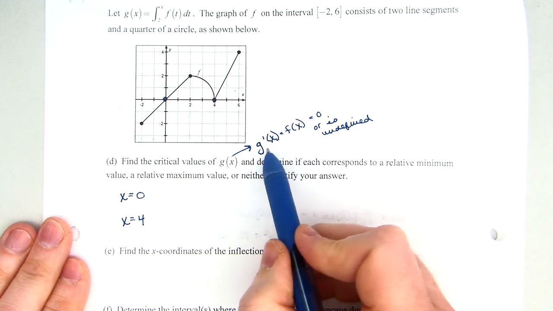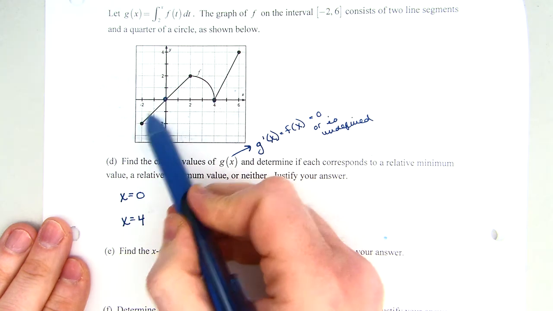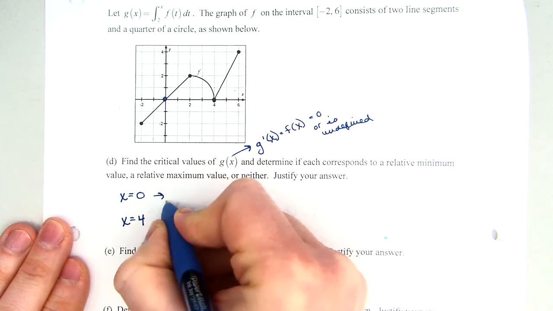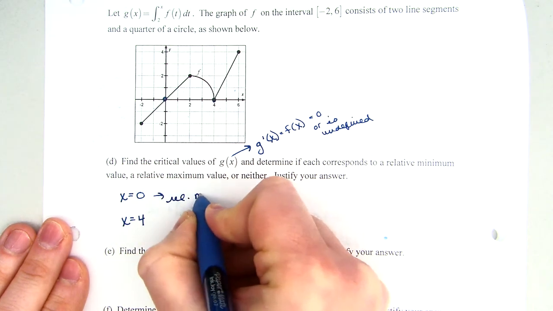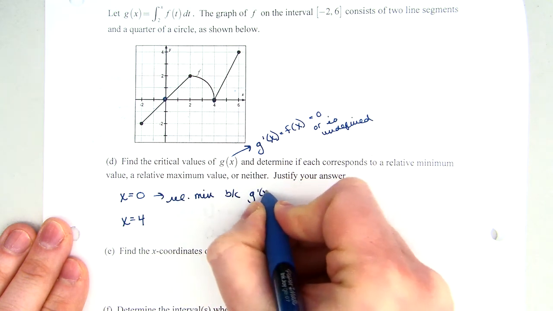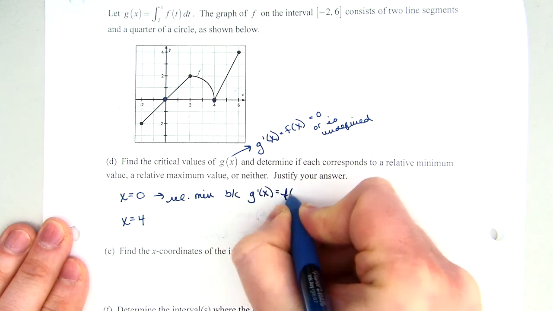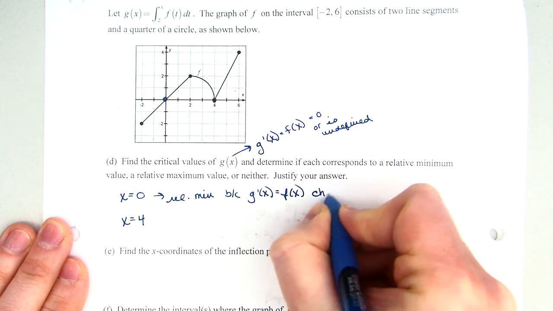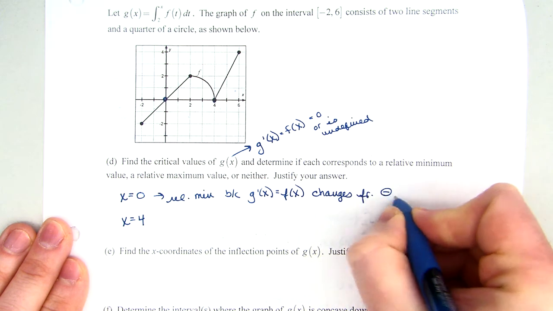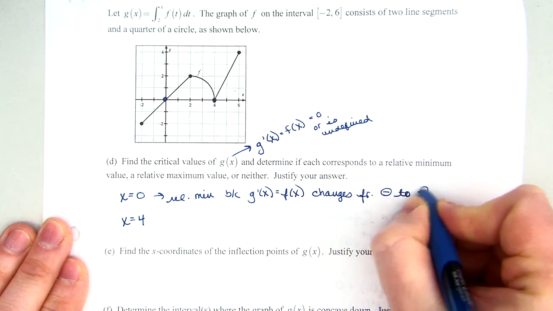Well, where g prime changes from negative to positive, I'm going to have a relative minimum. X equals 0 is a relative min. Why? Because g prime of x, which equals f of x, changes from negative to positive there.